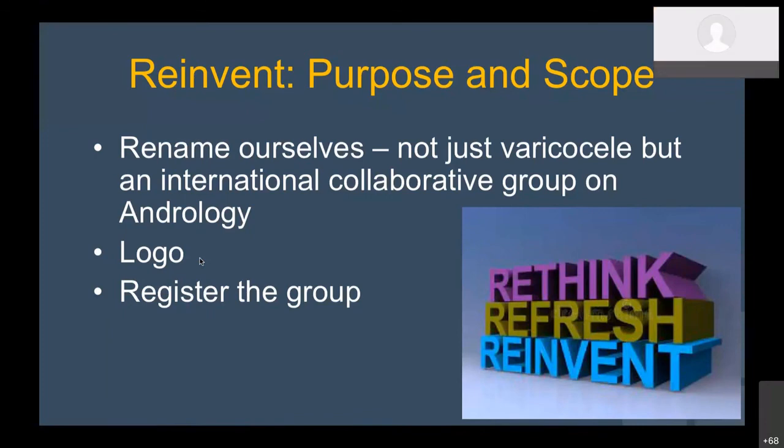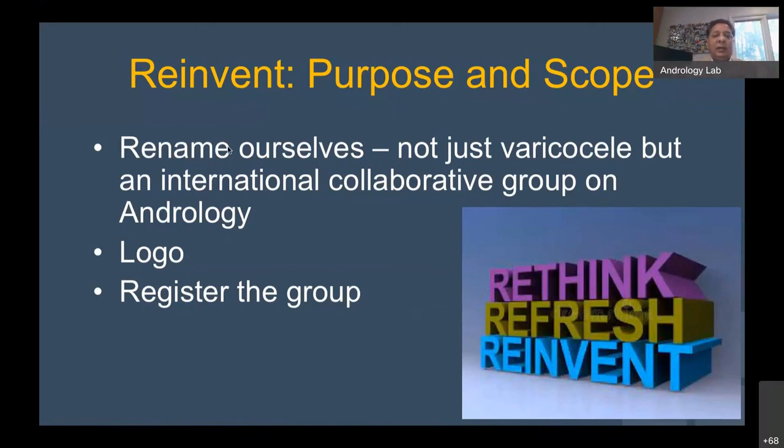Yeah, I can just explain that we feel that having one name for our group will be very helpful when we are publishing articles or announcing for more people to join. So something that will really bind us together, because the global varicocele may not be a long-term name, because we are going to branch out into many other aspects of andrology and male infertility.